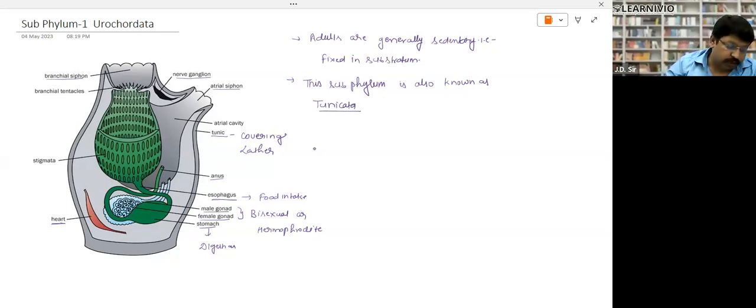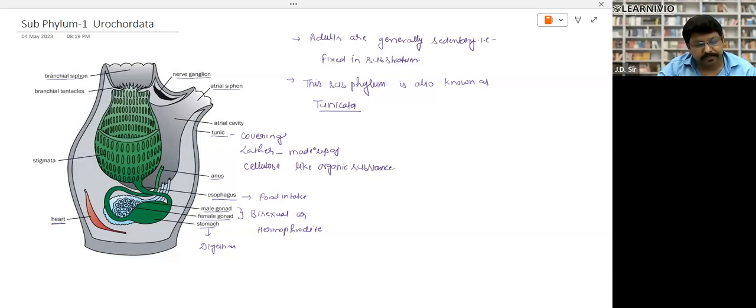It is known as Tunicata because their body is enclosed with a leathery covering, the tunic, which is made up of a cellulose-like organic substance, right?